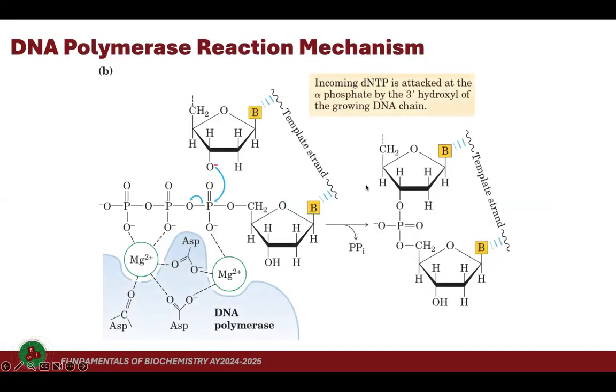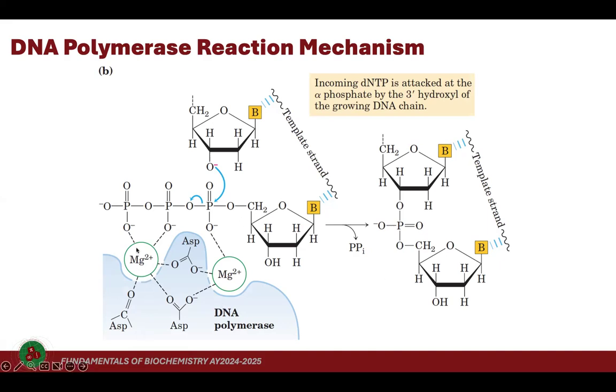Okay, so the mechanism for the synthesis of a new DNA strand. This is in the active site of your DNA polymerase, generally speaking, because again, we have lots of DNA polymerases. We have, of course, magnesium ions. Magnesium ions here help stabilize the highly negative charge of your nucleoside triphosphates.